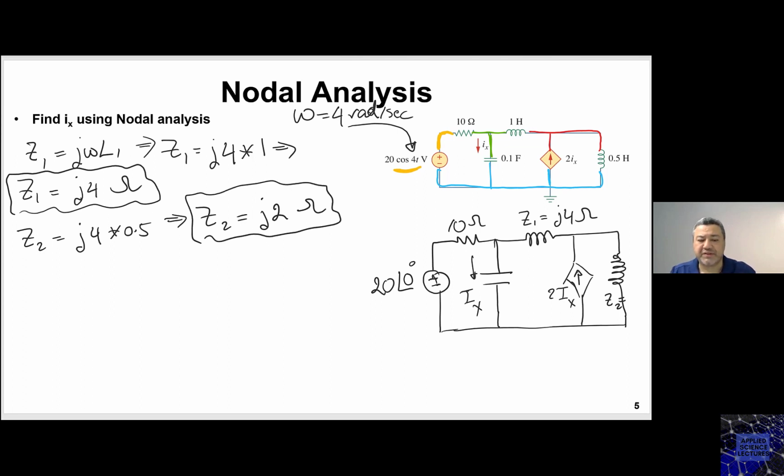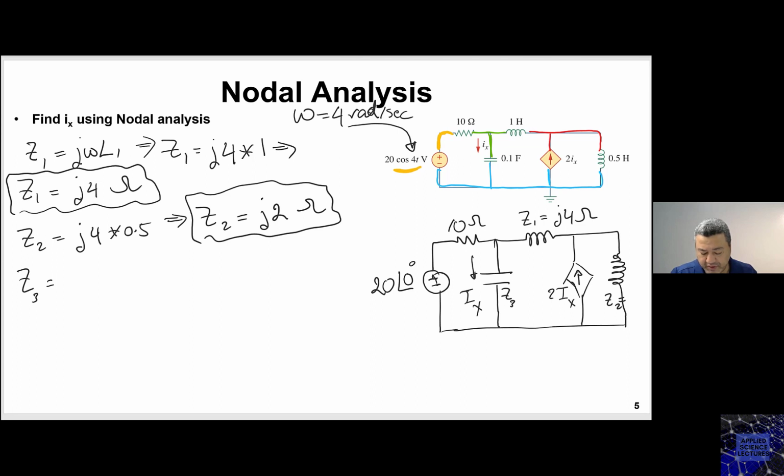Notice that the impedances for the inductors are always positive. j2, j4. Look what is going to happen with Z3, which is the impedance for the capacitor here.